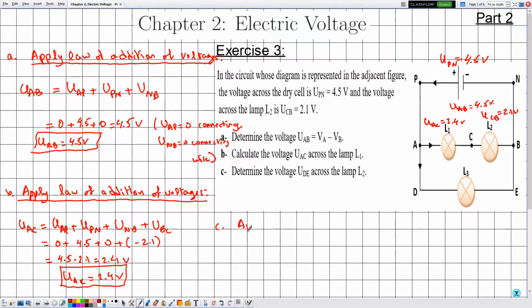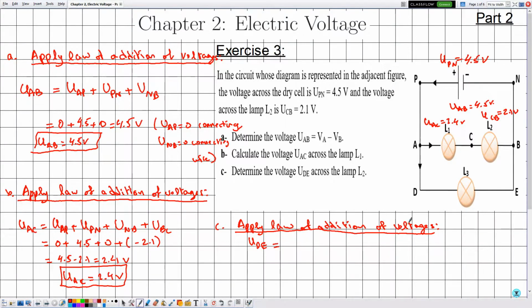So let's apply the law of addition of voltages. Always on the left we write the voltage that we are interested in calculating, which is UDE.